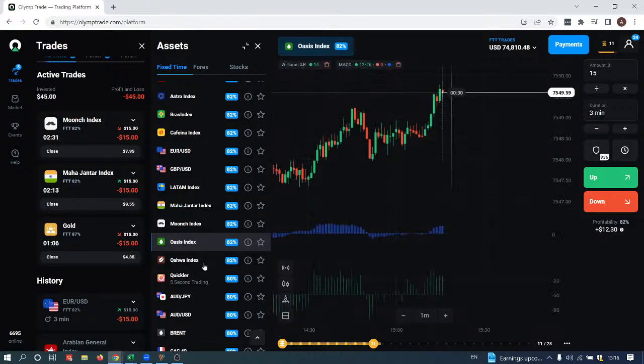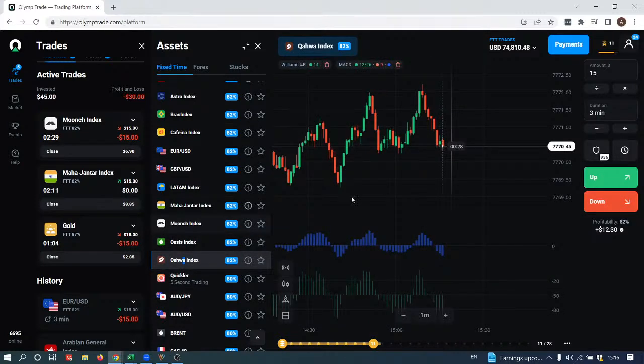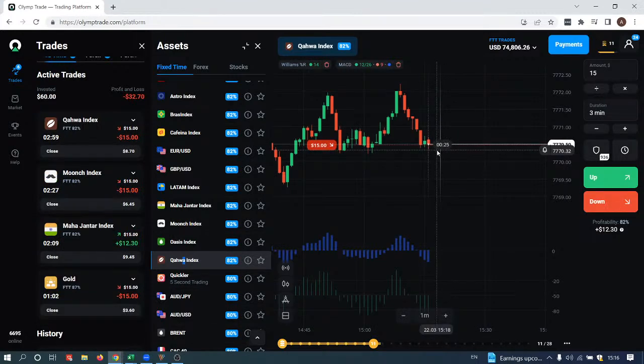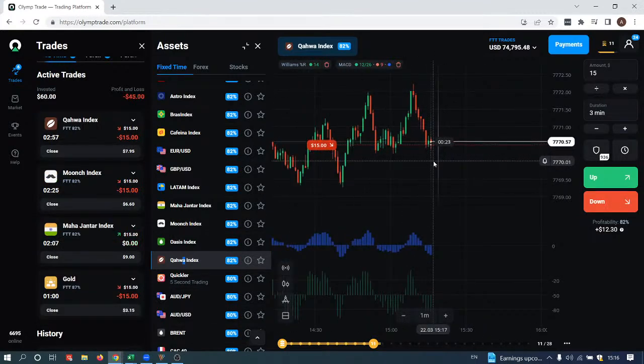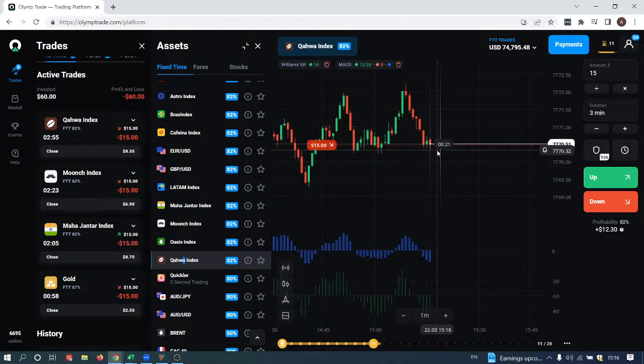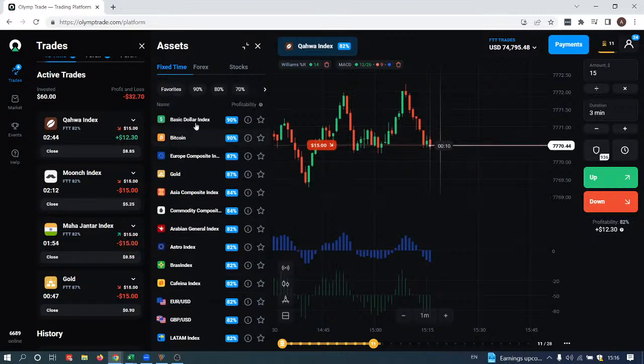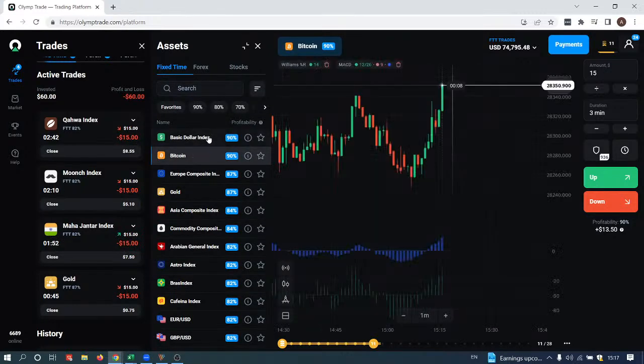So it's good to use these two indicators as a form of indicators that help you identify the current sentiment of the market, be it bullish or bearish.